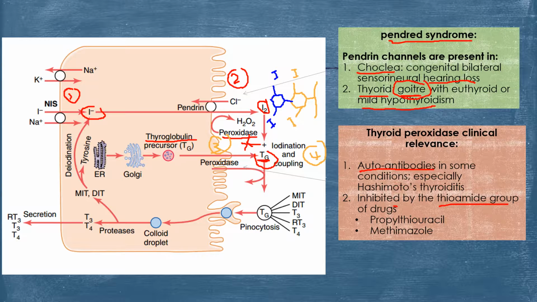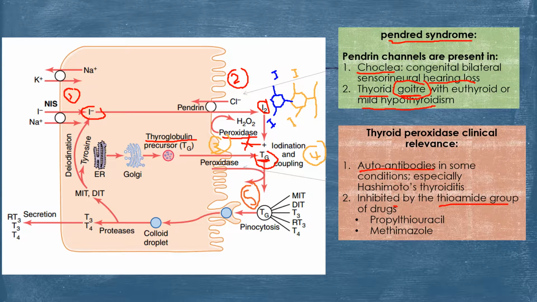And also we will have what we call pinocytosis. After the thyroglobulin is iodinated, there will be pinocytosis or endocytosis into the cell once again. Okay, this is the fifth step, and it will be transported in a colloid droplet or vesicle. Inside this colloid droplet, we have proteases.